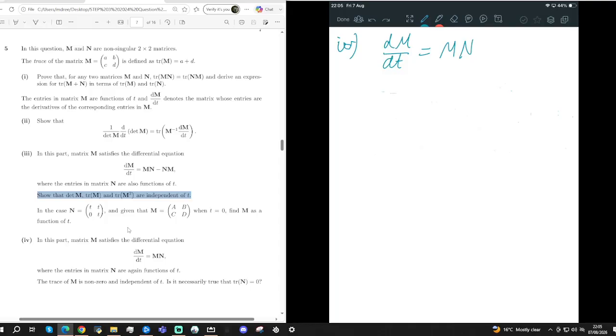Those thoughts using the fact that trace, I'm going to write this down again. The trace of n is equal to 1 over det m times the derivative of det m. But I'm also going to write that the derivative of the trace of m is 0.